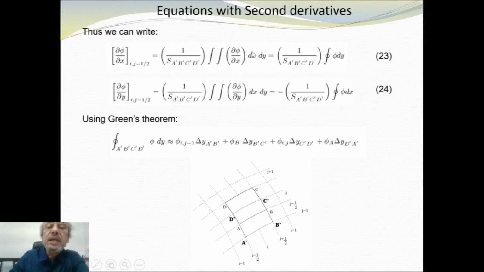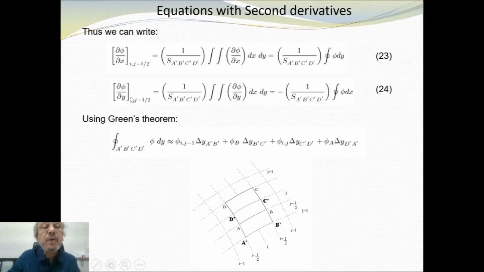Then if we again apply Green's theorem on this integral, we can write one by area into the line integral of phi dy, which is equation 23.